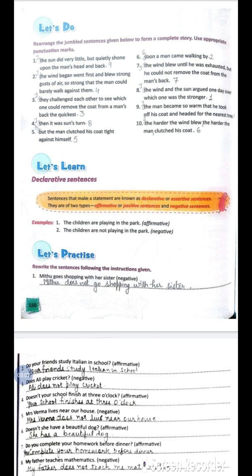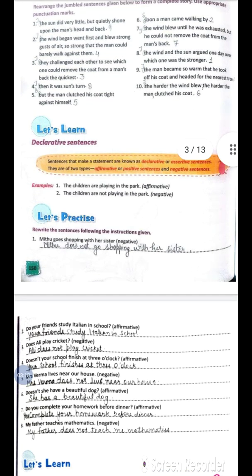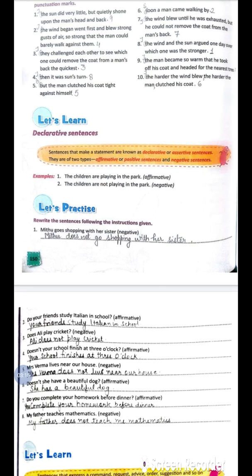Now the next exercise which is given is declarative sentences. The definition is, sentences that make a statement are known as declarative or assertive. Declarative भी कह सकते हो और assertive statement or sentences. They are of 2 types, affirmative or positive, and negative sentences.